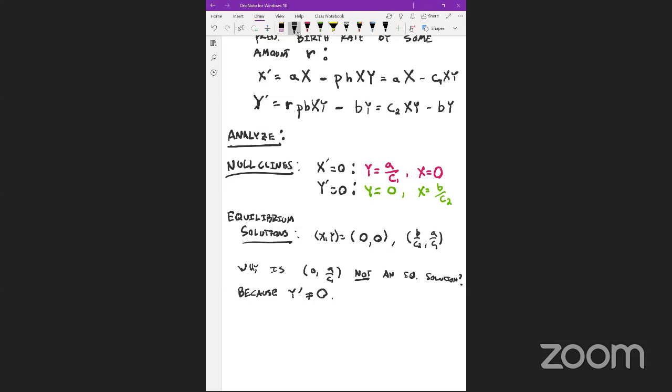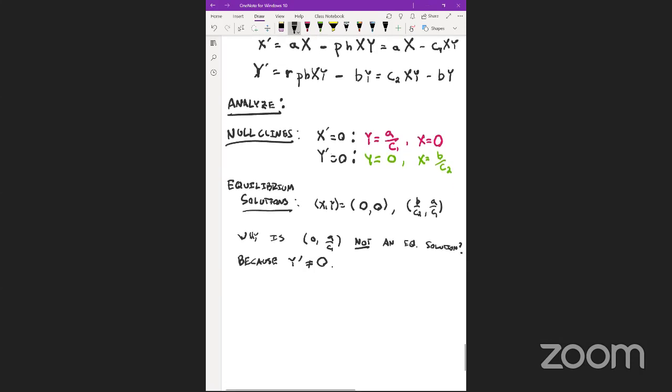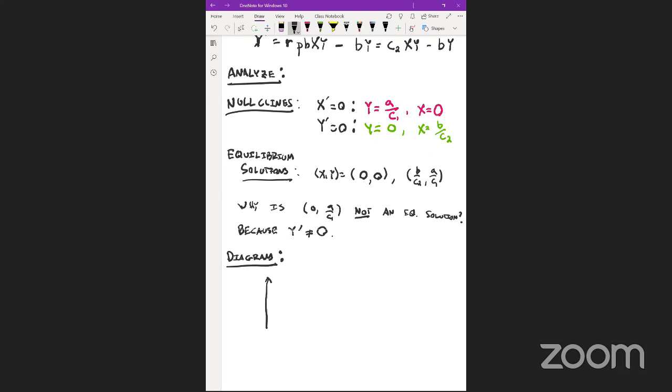Okay, so let's draw the diagram. We don't care about negative populations, so we have our prey and our predators, and let's include our x null clines, which are going to be y equals a over c, and x equals 0.